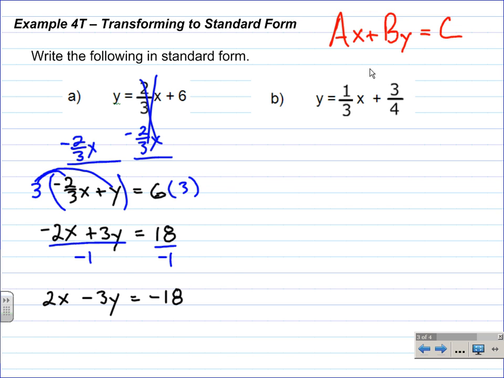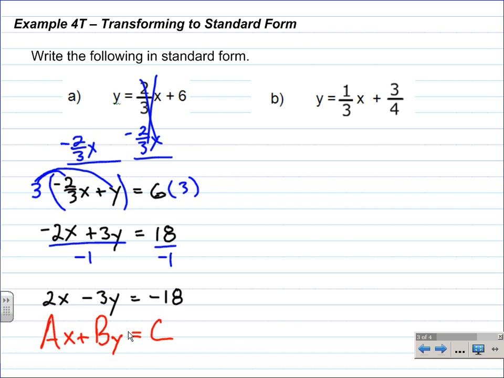If we look at this standard form now, we have ax plus by is equal to c. A is a positive integer, and it fits this form. So we've converted our first full given equation into standard form.